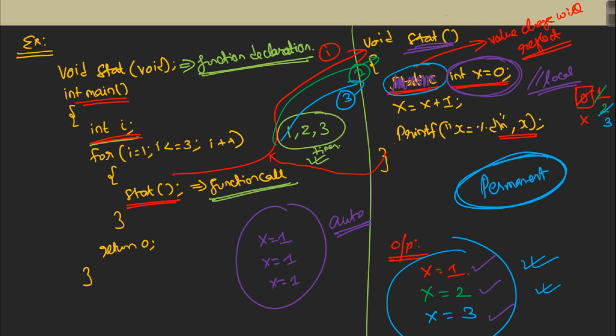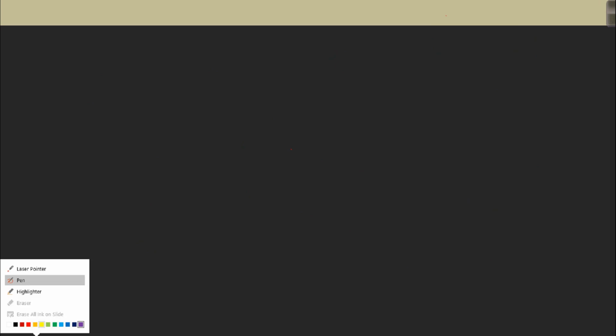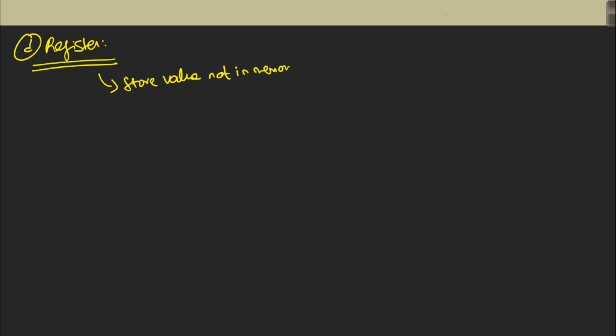Finally, I will take you to the register variable. Okay, so no program for this because it is a very simple concept. The register variable tells the compiler you are going to store the value not in memory but directly in register.